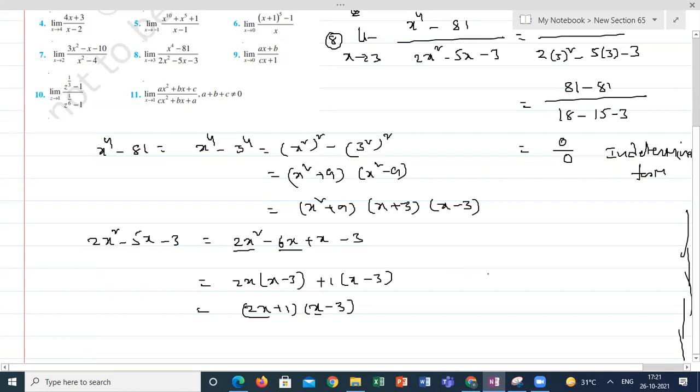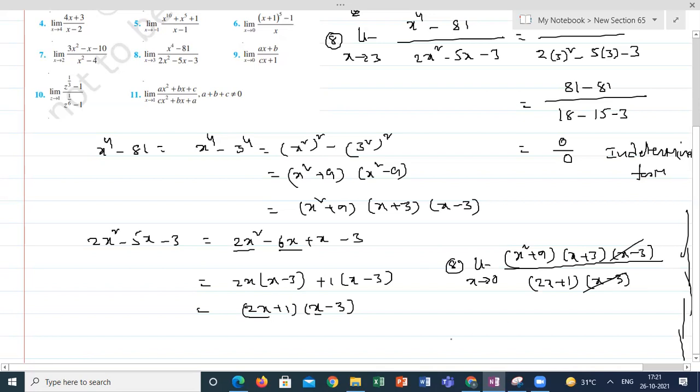If I'm substituting these numerator and denominator values in the given limit function, limit x tends to 3, the numerator is (x square plus 9) into (x plus 3) into (x minus 3) divided by (2x plus 1) into (x minus 3).